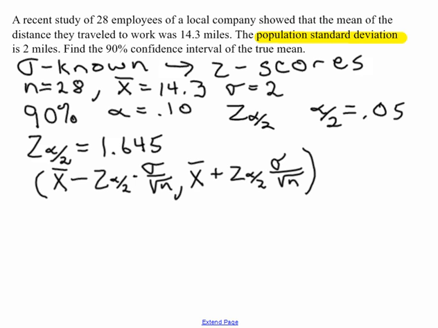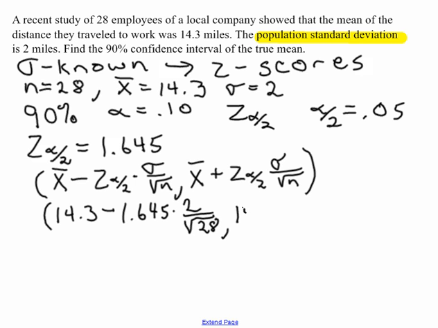Now it's a matter of substituting in the values. X bar, we already noted, 14.3, minus our Z alpha over 2, which is 1.645, times sigma, we noted, was 2, over the square root of n, 28.